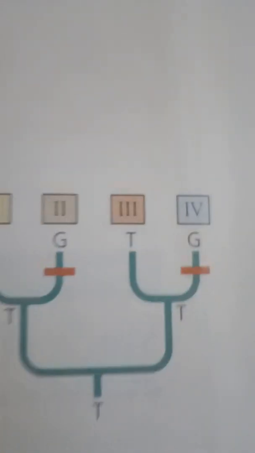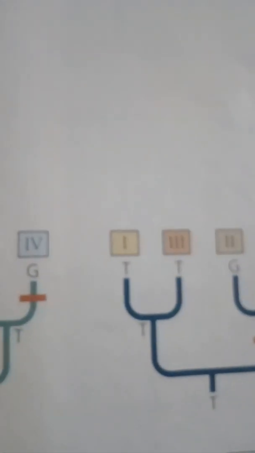At site 7, the 3 trees also differ in the number of evolutionary events required to explain the DNA data.